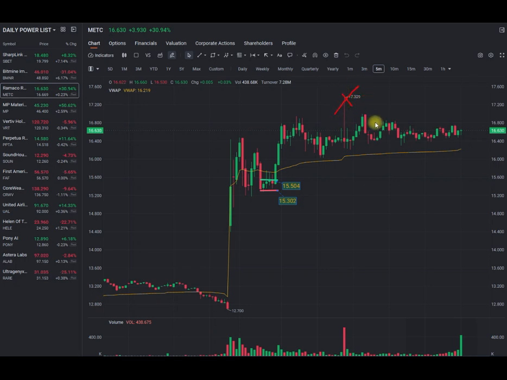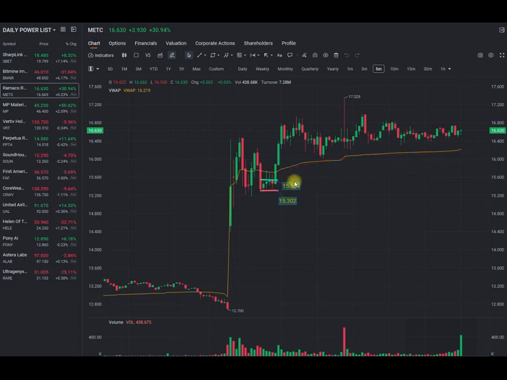And again, where is the stop loss? Easy. The stop loss can go from the green line, 15.50, and then travel under the VWAP. So your worst case scenario is that you exit at 16.10 or 16.20, which is 3 or 4%.